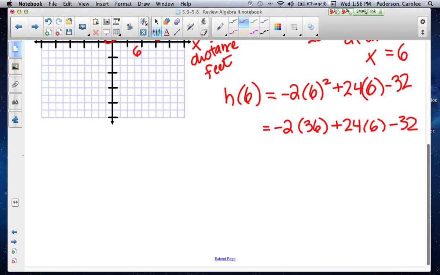So negative 2 times 36 is negative 72. Then 24 times 6 is 144. And then negative 72 plus 144 minus 32.